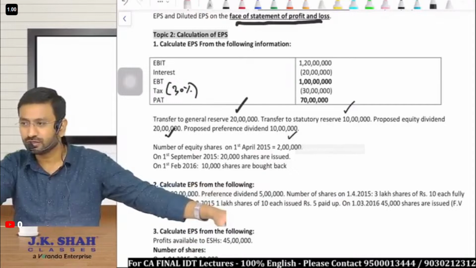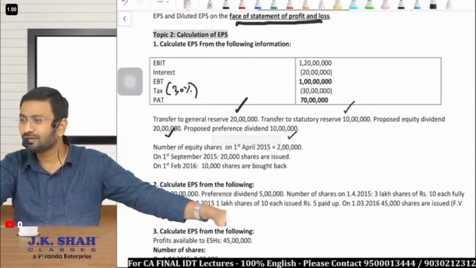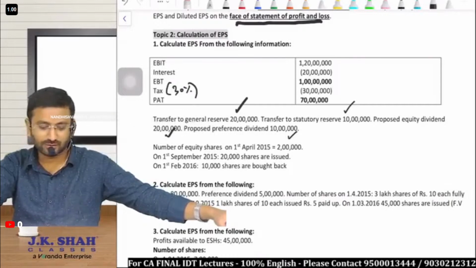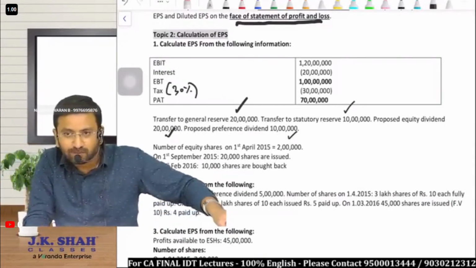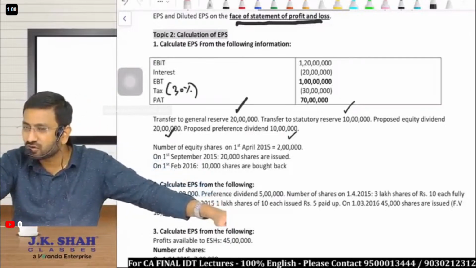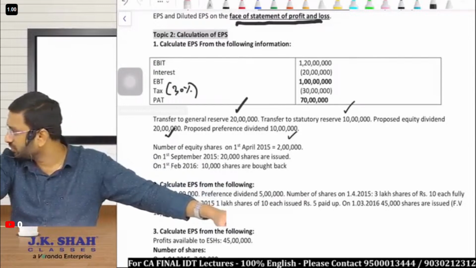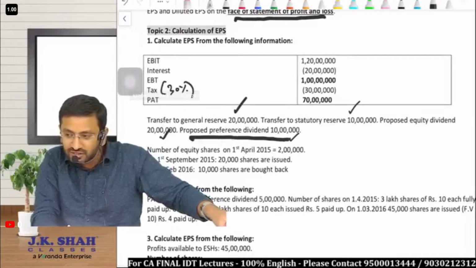What is your numerator? It is earnings. What is our earnings now? 70 lakhs. How many of you say 70 lakhs? Okay. Any other answer? 60 lakhs. Okay. See, we have a PAT of 70. From that 70, when we pay dividend, the first dividend should always be given to preference shareholders. And in this question, we have proposed preference dividend of 10 lakh.